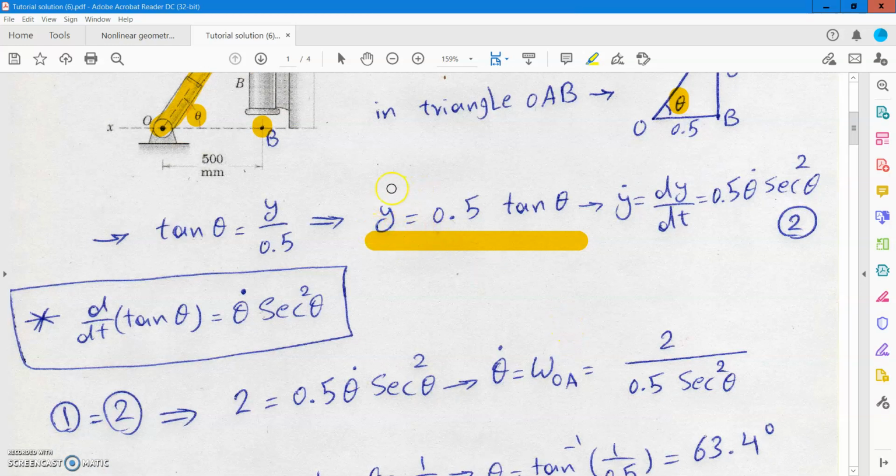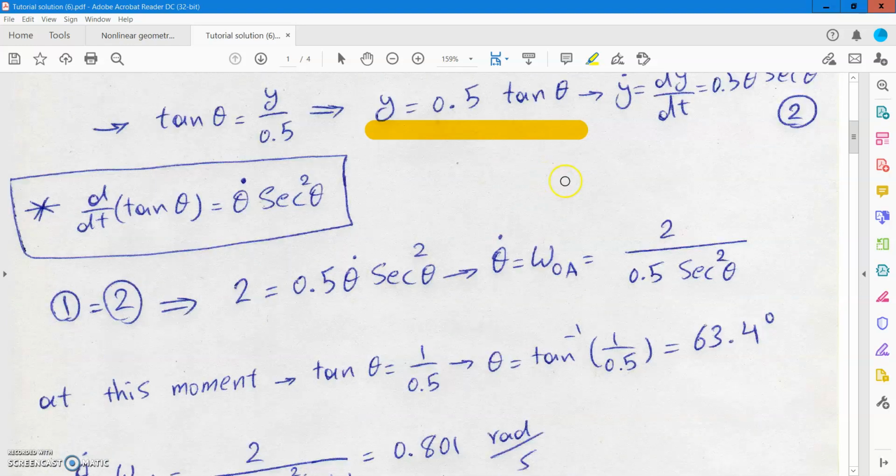If you find the derivative of y, dy/dt, or y dot, it is equal to half times the derivative of tangent theta with respect to time. Theta is a function of time, so the derivative of tangent theta is theta dot times the derivative of tangent, which is secant squared.